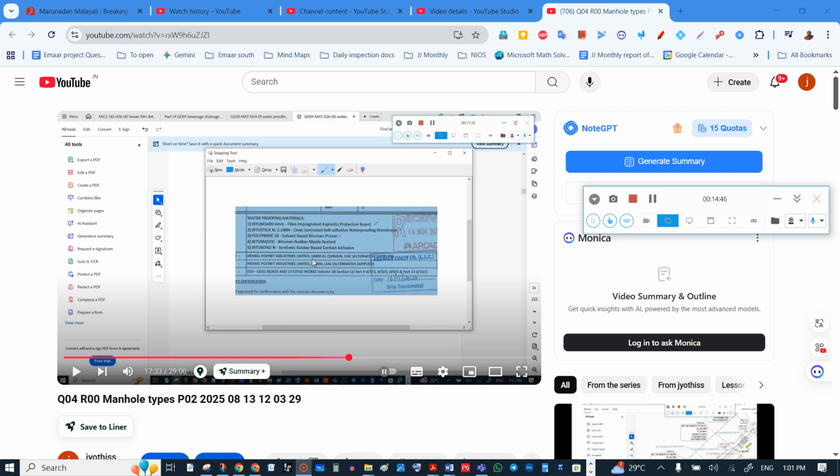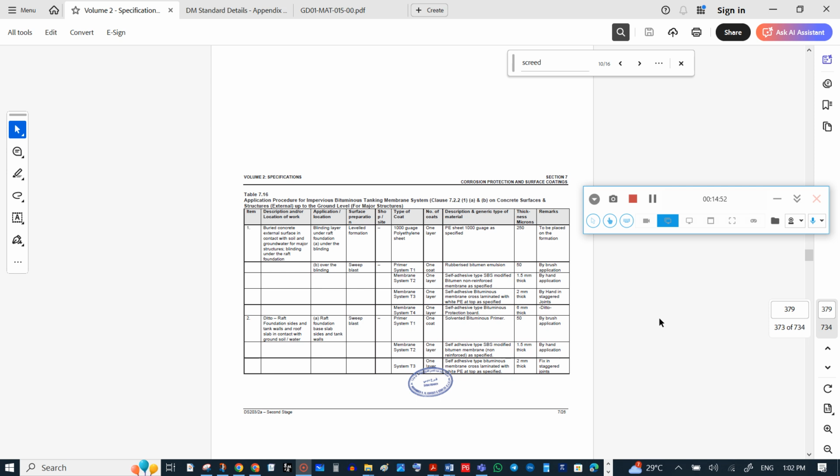Here in page 379 we have again this table. In this table we have a system called T1 plus T2 plus T3 plus T4. This one is for structural concrete, like buried concrete extends surface in contact with soil and water for major structures.